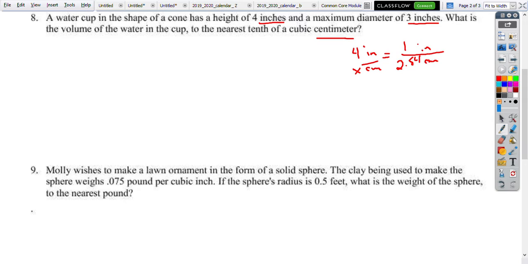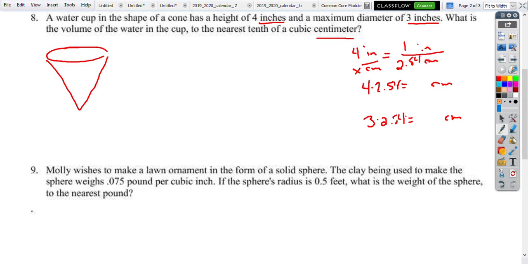You can see it's just going to be a multiplication here. So 4 times 2.54 is going to be my number of centimeters. And at the same time, 3 times 2.54 is also going to equal centimeters. And then you're just going to do your volume with the cone here. So what's the radius? What's the height? And then just use your formula, 1/3 pi r squared h.